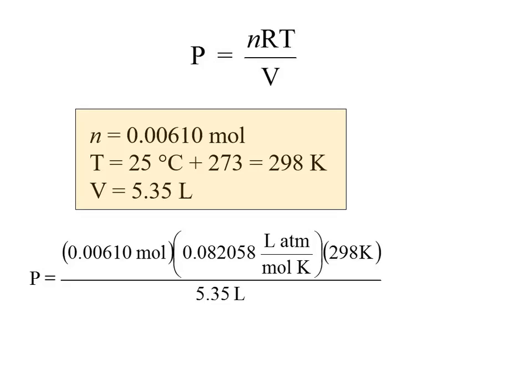Also in the numerator is temperature, 298 Kelvin. In the denominator, all we have is the volume, 5.35 liters. Allowing terms to cancel, moles cancel with moles, Kelvin cancels with Kelvin, and liters cancel between the numerator and denominator. So we just have atmospheres.